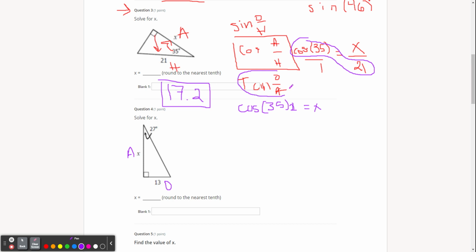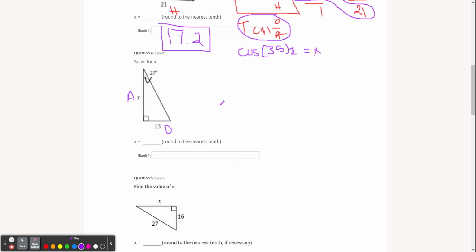TOA, absolutely. So when I set up TOA, what do I have to write? 13 over x. And when we make that into a proportion, what do we do now?